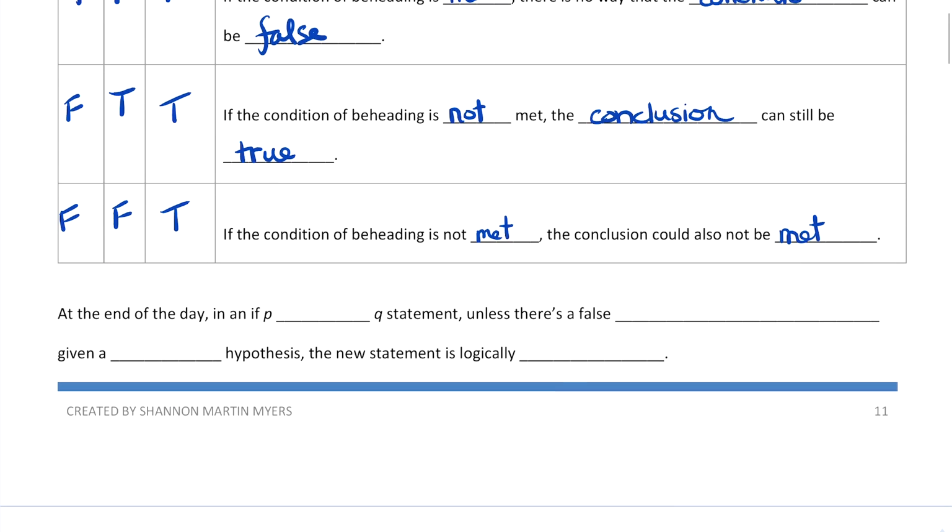So at the end of the day, in an if P then Q statement, unless there's a false conclusion given a true hypothesis, the new statement, the if P then Q statement, is logically true. So that's sort of a takeaway here.